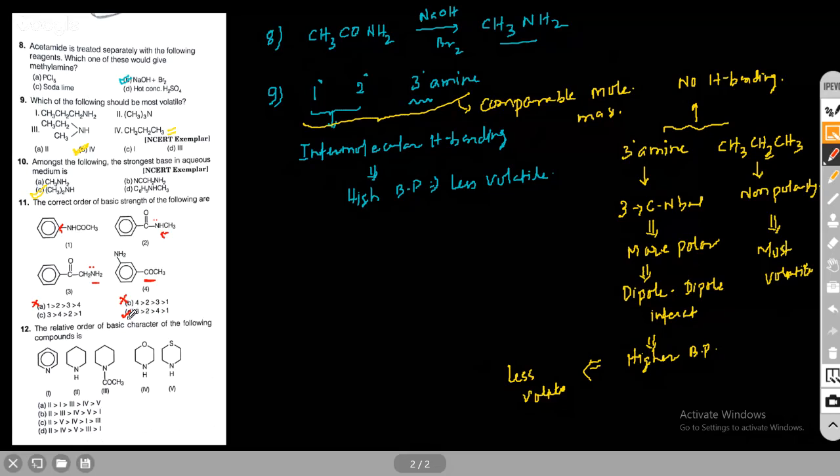See, one more thing, let me tell you here. Suppose this question you do not know anything, okay? And you want to attempt this question. Suppose you got this, the first one is easier to decide that this one is the least basic compound, right? So when you got that the first one is the least basic, after that, suppose you are stuck somewhere and you are not able to write down the order of 2, 3 and 4.